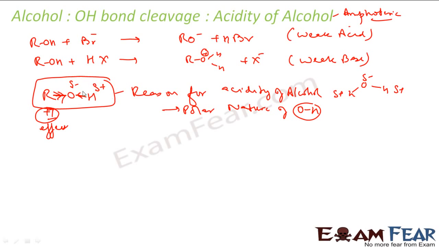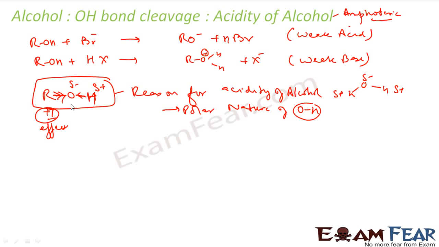Since hydrogen develops slightly positive charge, H plus comes out easily, and that's why it is acidic. But if H is not developing positive charge, it won't be acidic, correct? So if you have some group attached which has more I effect, which can satisfy oxygen, so that oxygen need not trouble this hydrogen to get electrons, hydrogen will not be positively charged. In that case, it won't be acidic, correct?